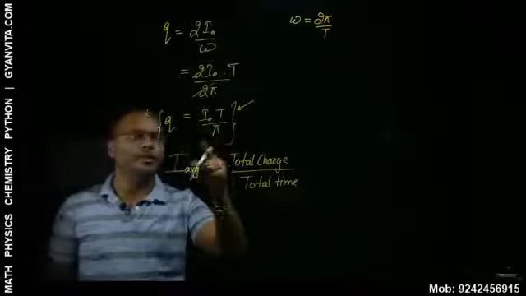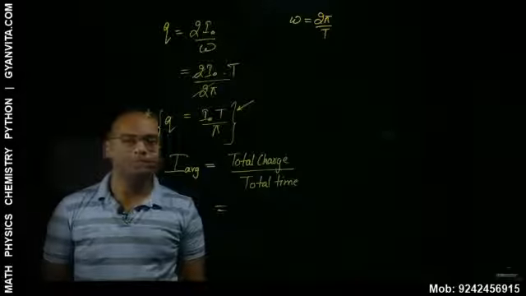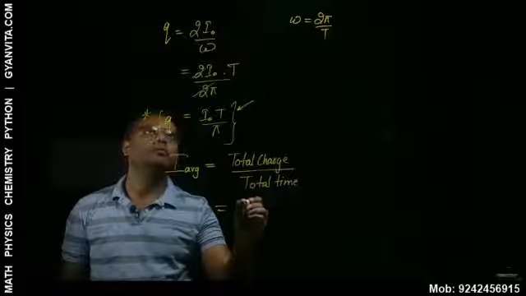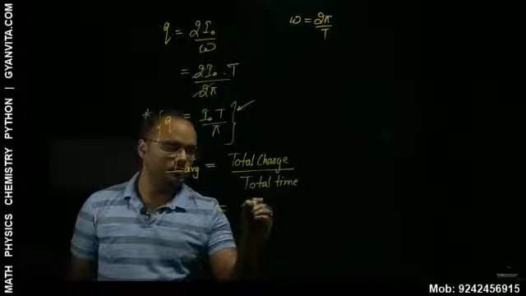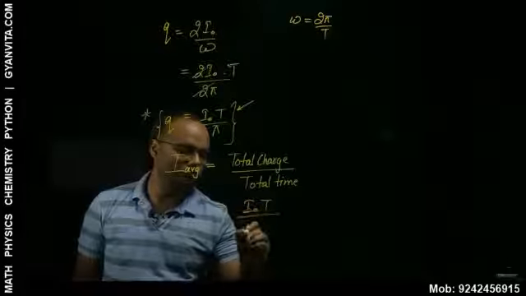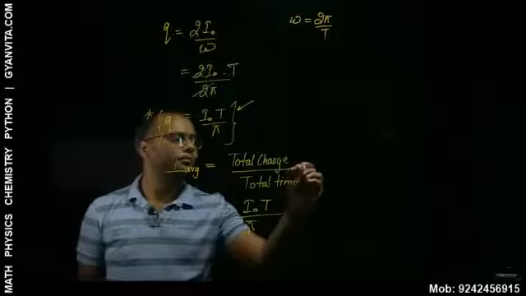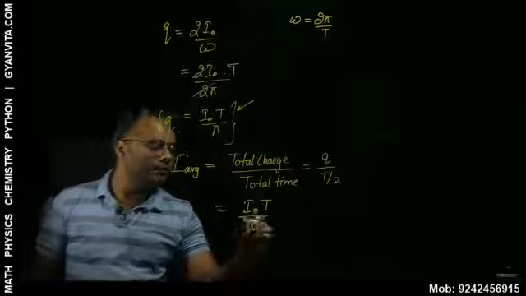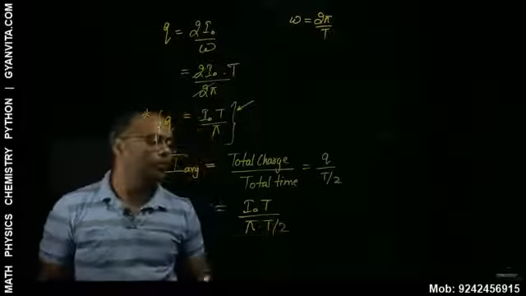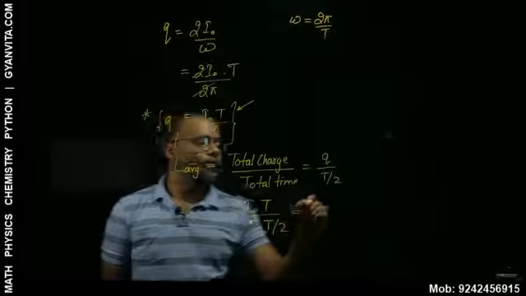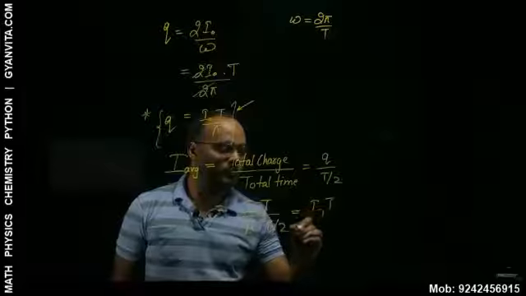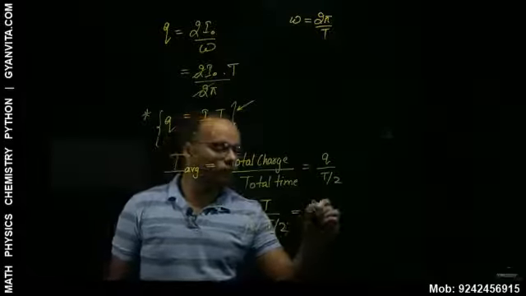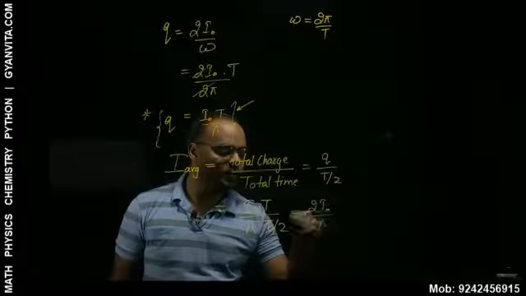It is I naught T divided by pi. So that is charge q divided by T by 2. The time which we have taken is T by 2. So this is equal to I naught T, actually T and T will get cancelled, so this will be equal to 2 I naught divided by pi.